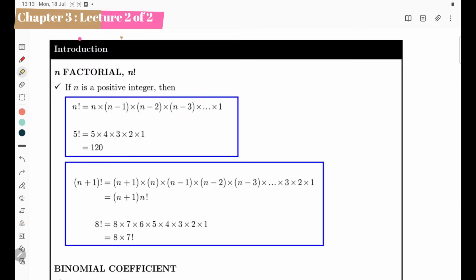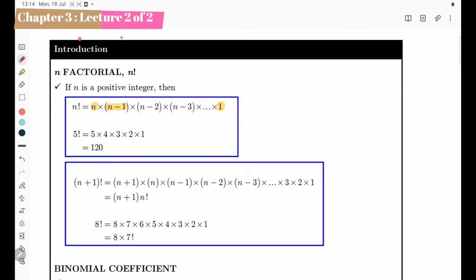Now, we look at n factorial. For any positive integer n, we define n factorial as n times (n minus 1) times, up till 1.